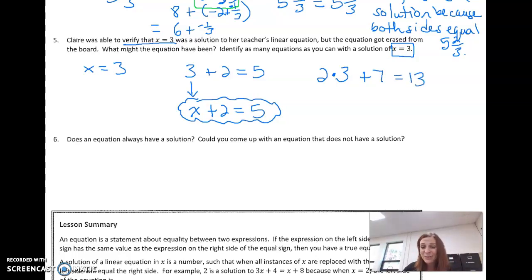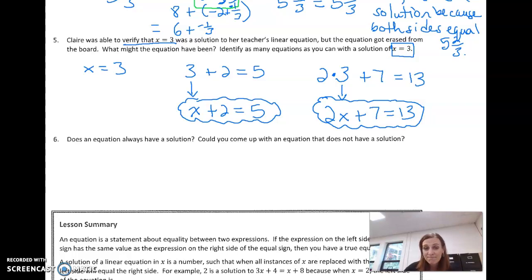Now, to change that into an equation with the variable x, make this x. So that we have 2x plus 7 equals 13. When we're writing equations, remember that x, that variable, is the unknown. It is representing a number. We just don't know what that number is.